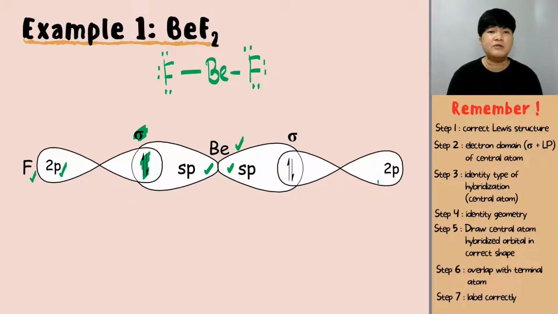The same thing happens on both left and right, because I have another sigma on the right. To form this sigma, your sp hybridized orbital will overlap head to head, end to end, with a 2p orbital of the fluorine, forming a sigma bond. Easy. That is your first example of orbital overlapping.